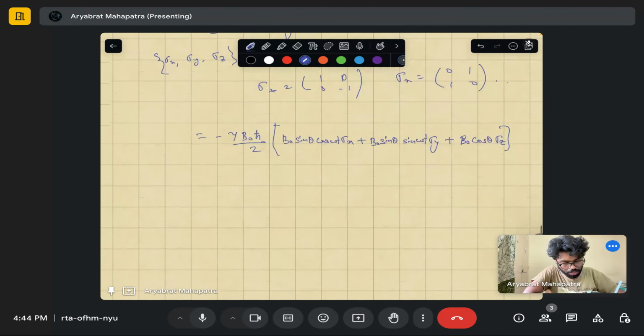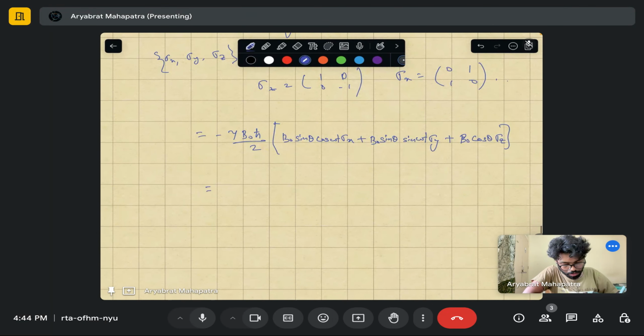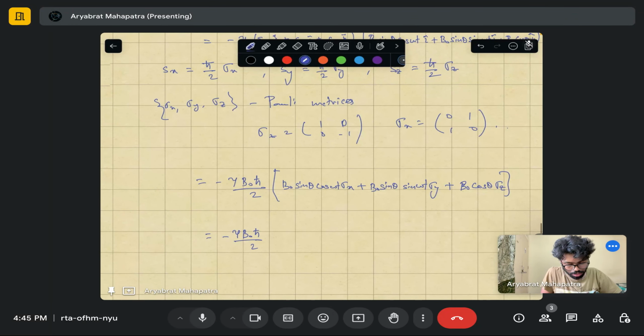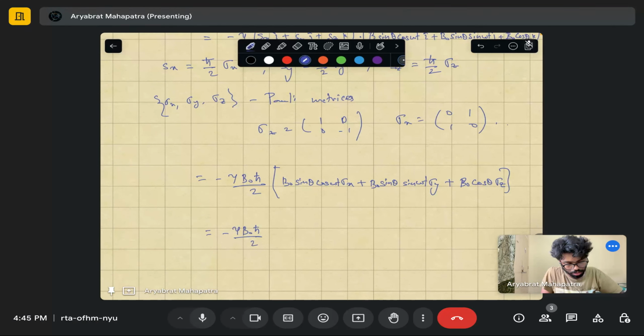Yeah, that is your minus gamma B naught h bar over 2. So you have to use the matrix form, sigma y. Let me write sigma y as well.